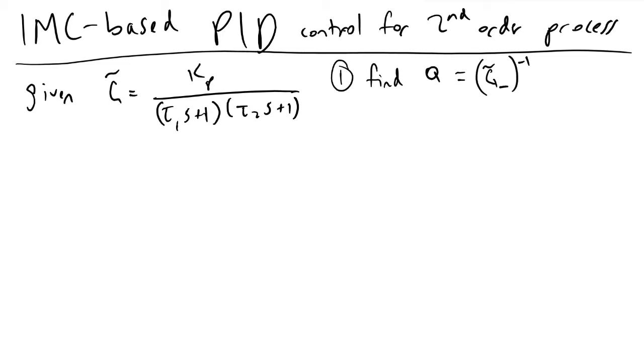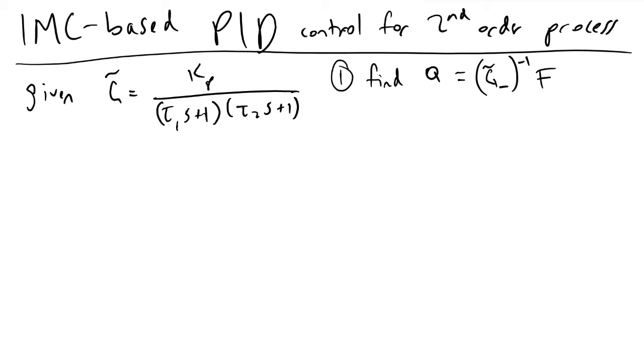We're also going to multiply it by a filter to keep our system proper, or semi-proper. That's just a fancy way of saying that it is still a physically realizable controller, in which the degree of the numerator does not exceed the denominator.